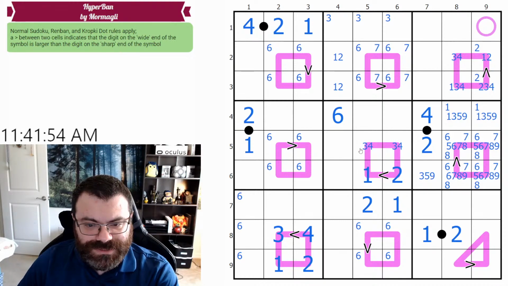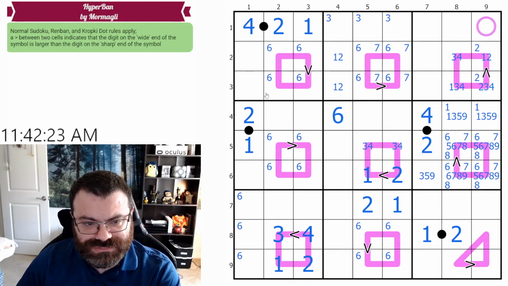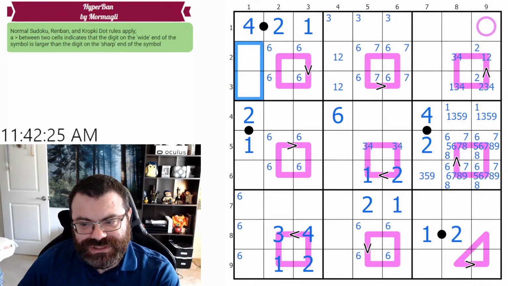3 in column 1. I don't see it. One of these 3? Three in box 1. Right, 3 can't be on the Renban, so 3 is one of these 2.